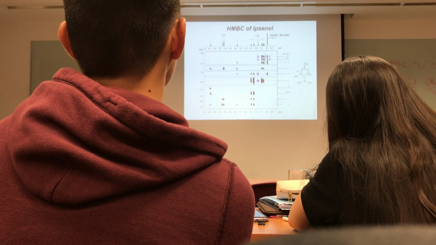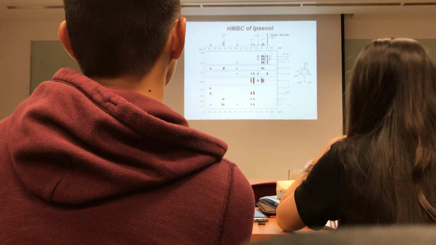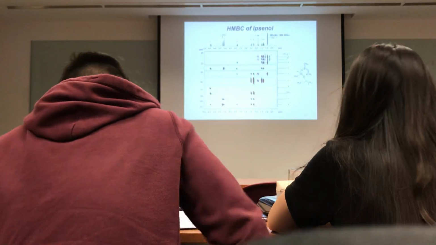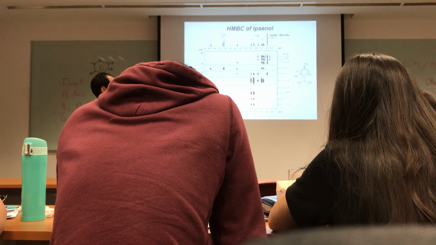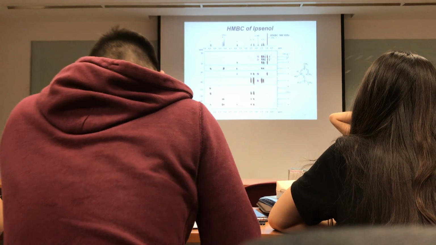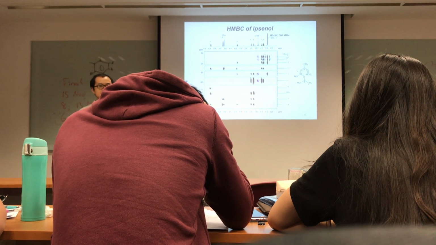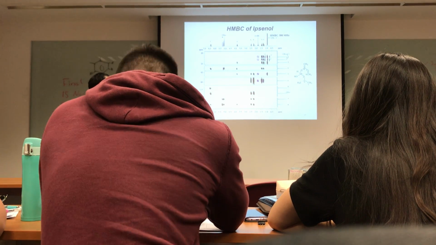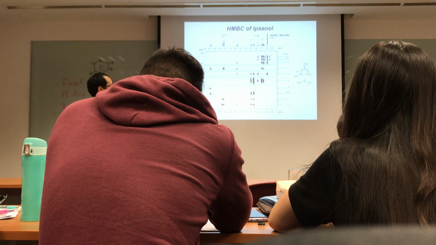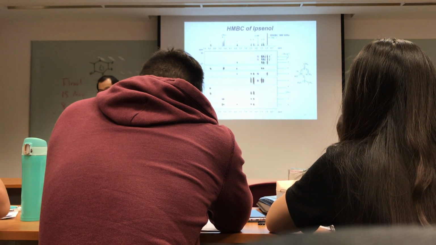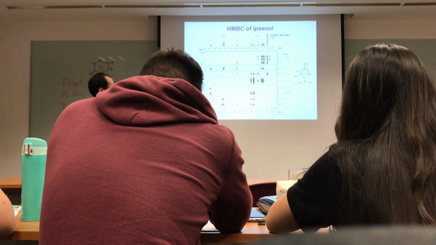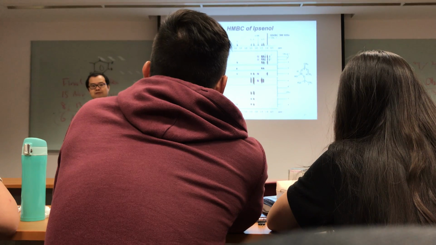Now we look at 2. 2 is here, right? One layer you will see this methyl and carbon 3. That means one layer proton 2 will see 1, 3, and CH3, right? 2 layers, it sees one more carbon further.